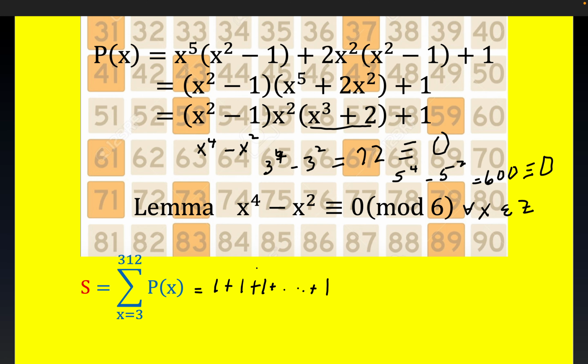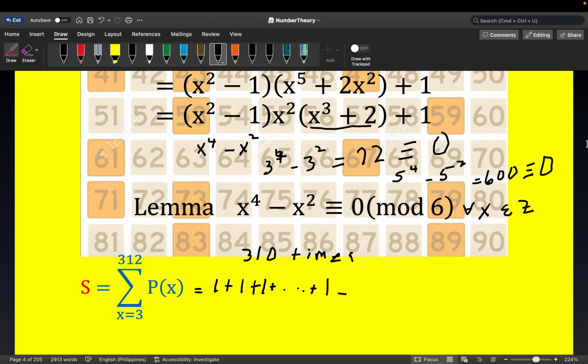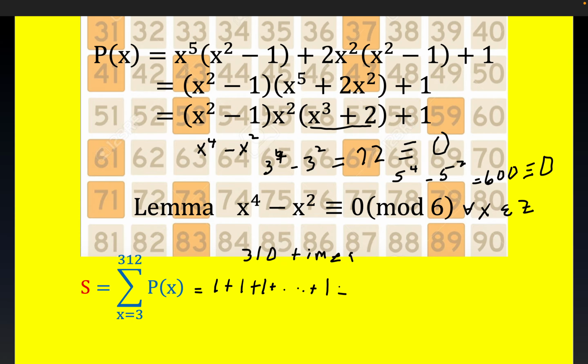And what am I going to write above this? 310 times. Okay, 310 times. And so this is equal to 310.